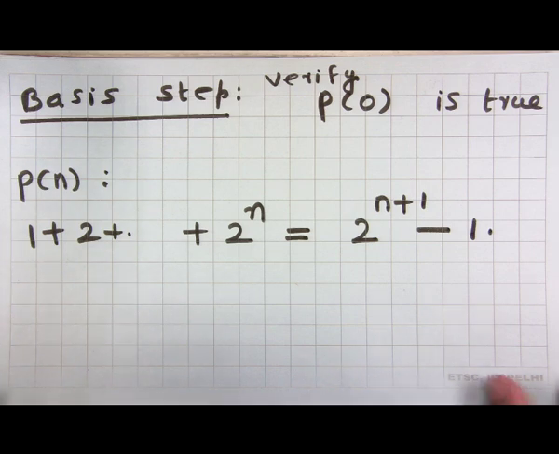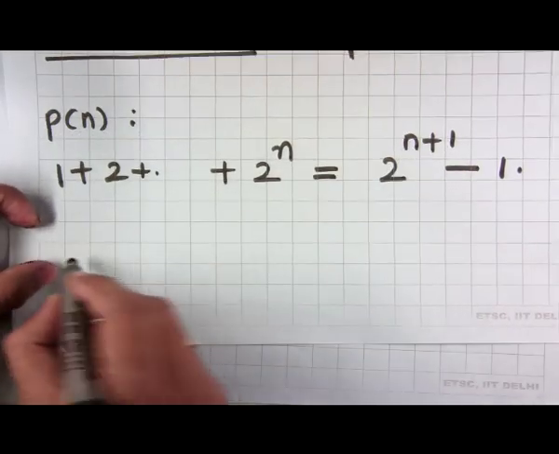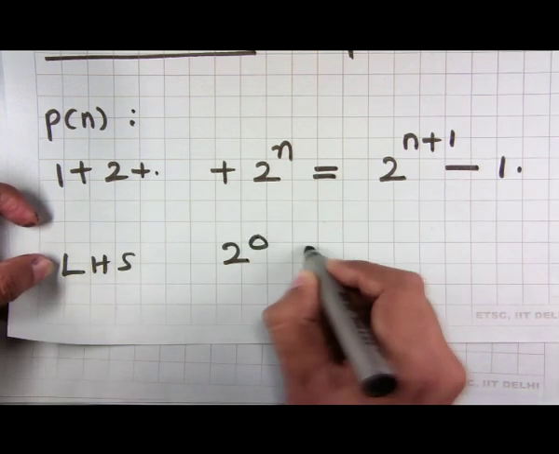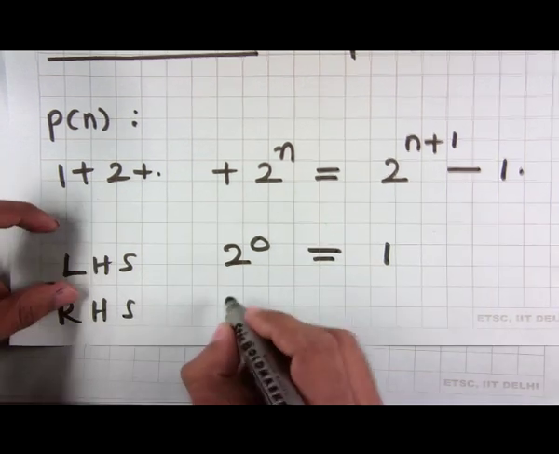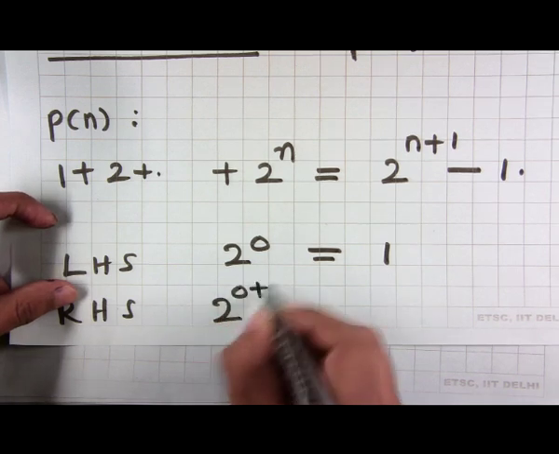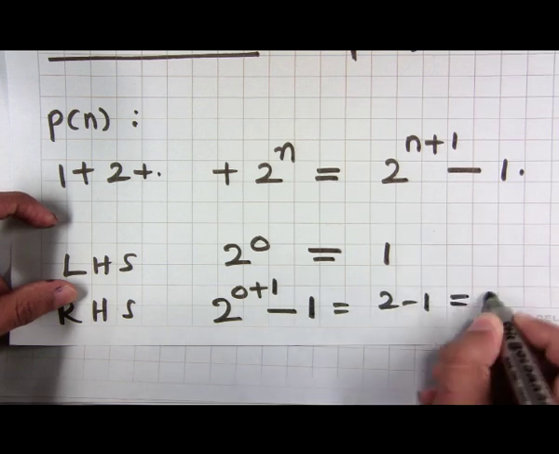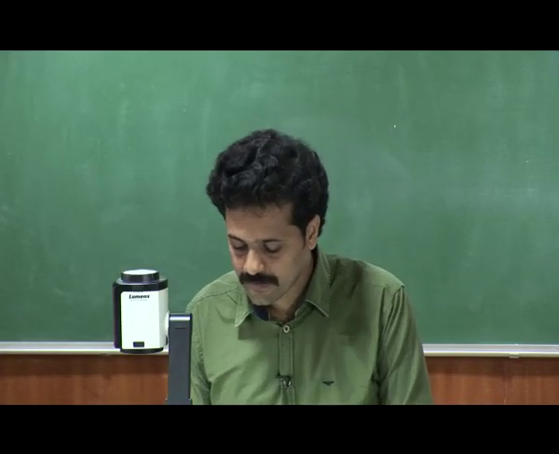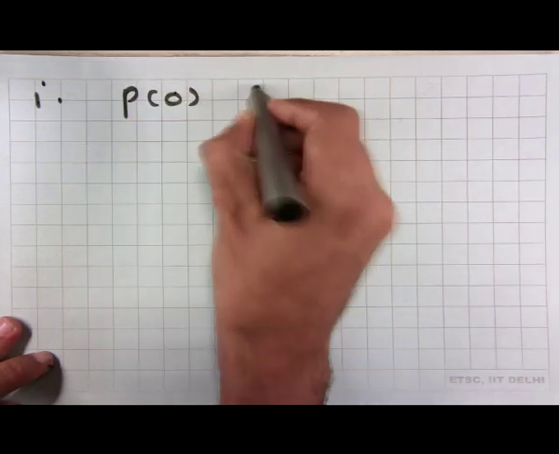Okay, let us verify P of 0. For P of 0, the LHS is just 2 power 0, which is 1, and the RHS is 2 power 0 plus 1 minus 1, which is 2 minus 1, which is 1. So, it is easily verified that P of 0 is true.